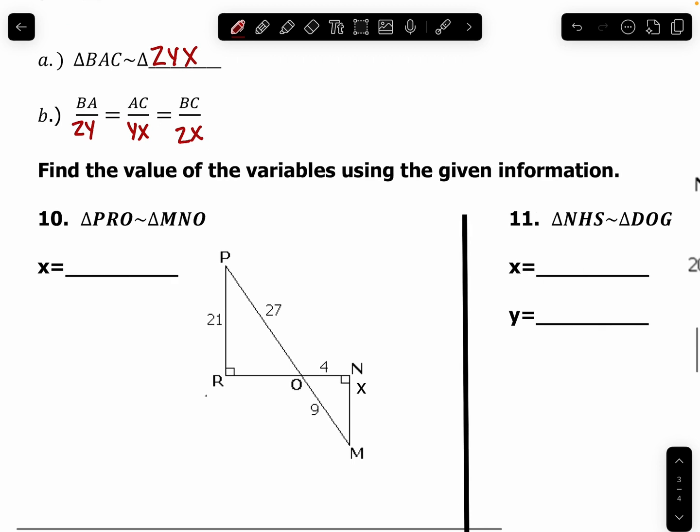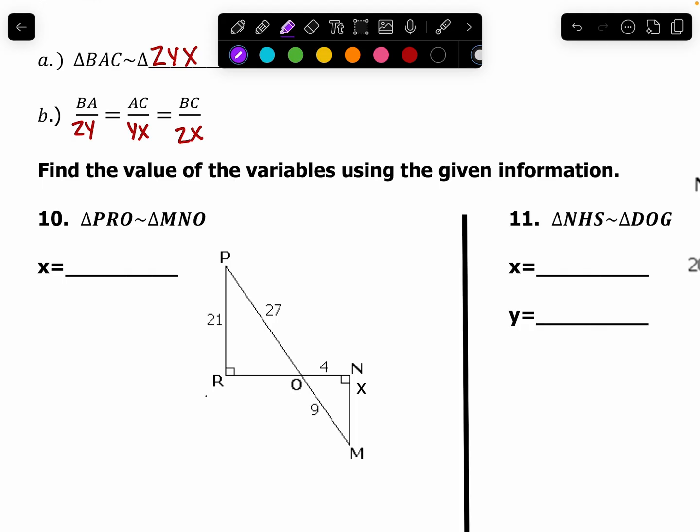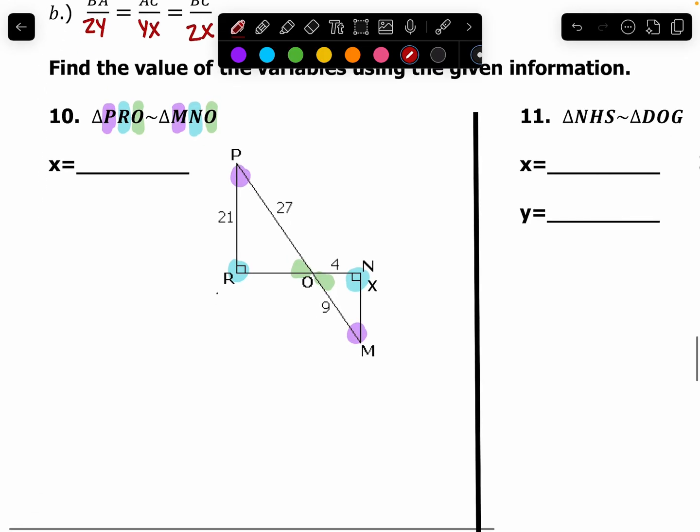All right, number 10, find the value of the variables using the given information. We know that PRO is similar to MNO. So again, P and M, R and N, that should have been obvious, O and O. So we're going to set up a proportion to solve for X. This is X. All right, so it looks like X is corresponding to 21.